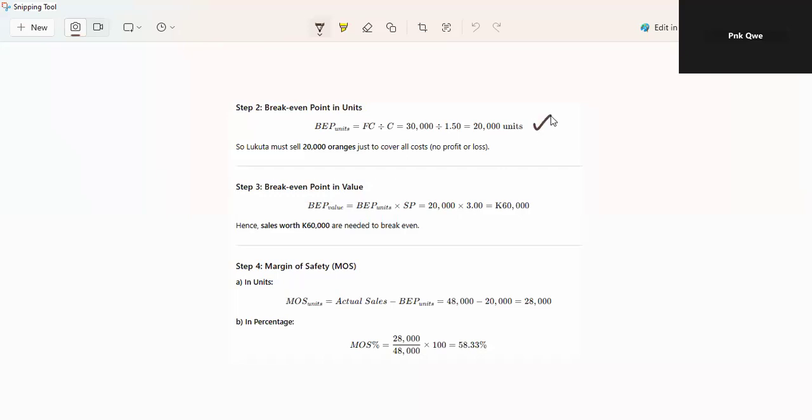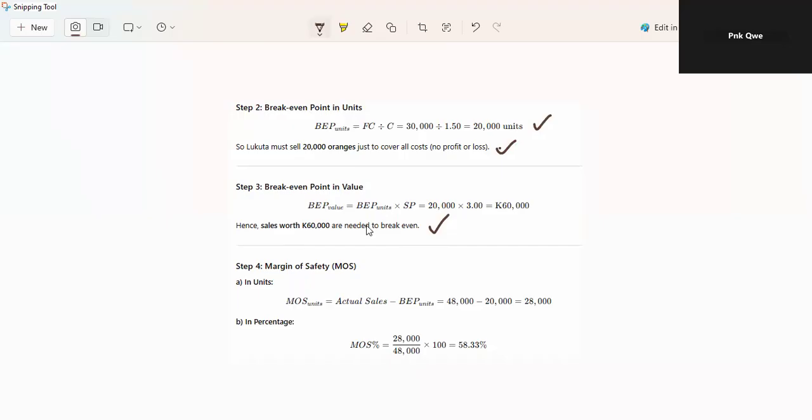So we get 20,000. So we could sell 20,000 oranges to cover all the costs, at which there's no profit or loss. Then what is the value of these 20,000 units of oranges? You multiply this by the selling price. 20,000 times 3 kwacha, we get 60,000 kwacha. So 60,000 kwacha worth of sales are needed for us to break even.